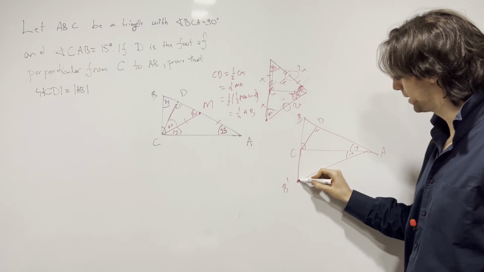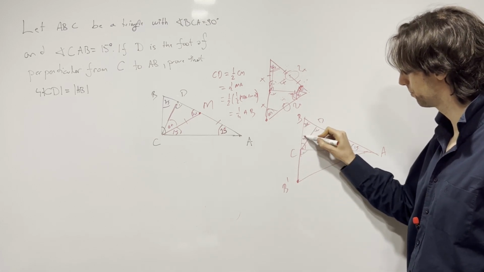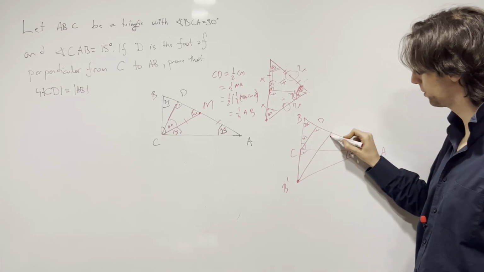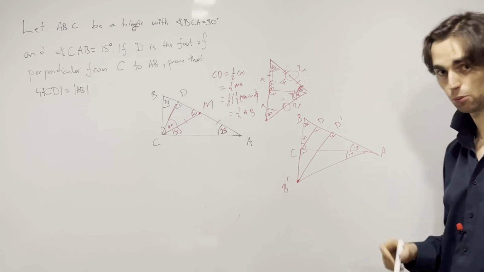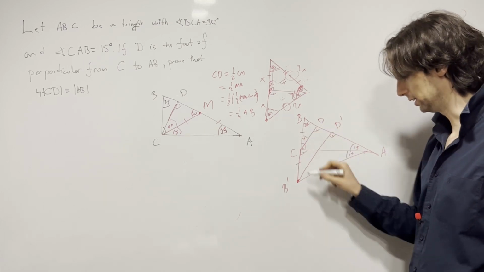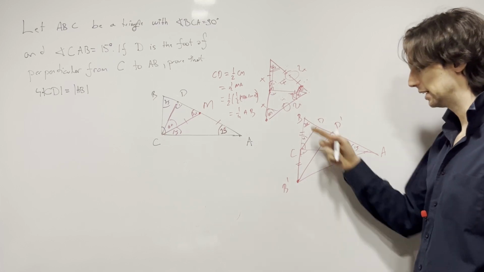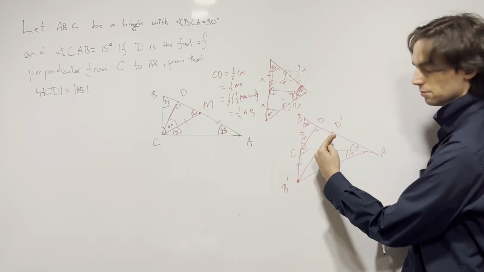And if I now calculate all the angles, 75, 15. If I now put a foot of perpendicular from B prime here and call this point D prime, what do I know? I have this is equal to this, mind you, because of that reflection. And now these two are parallel.